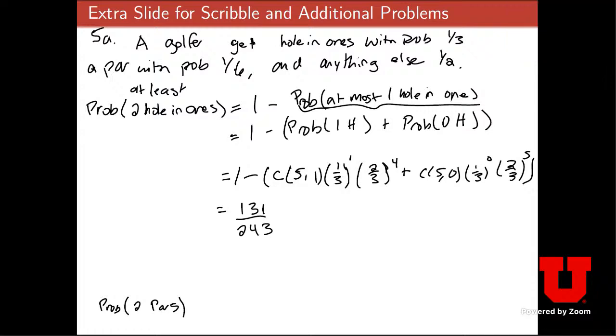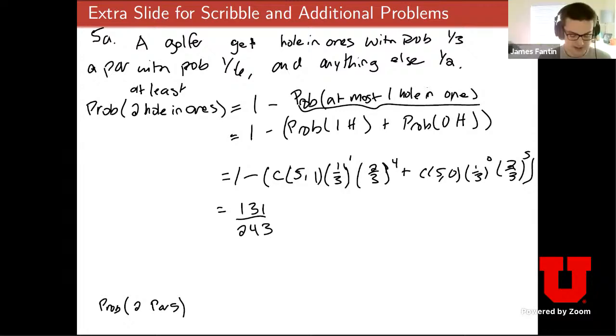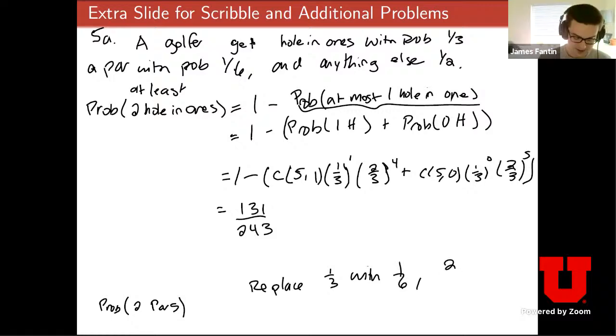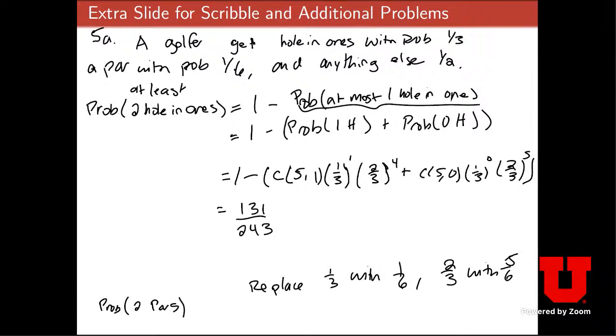Yeah, could we do B and C? Yeah, we can take a look at C, but B is the same. So where you just replace 1/3 with 1/6, the probability of par, and 2/3 with 5/6. And it's the exact same calculation.